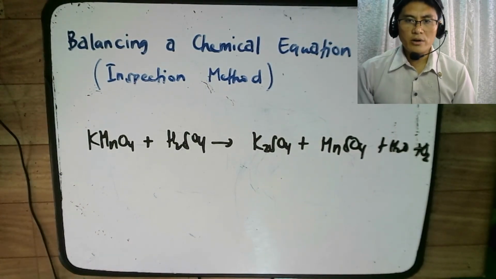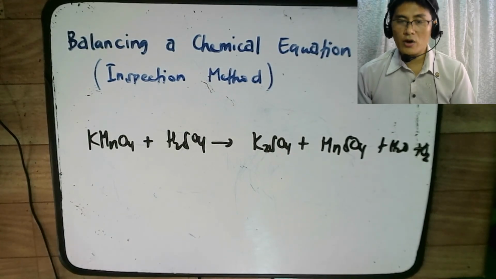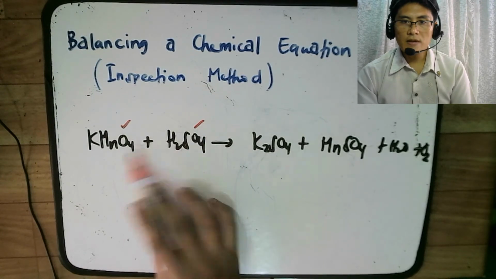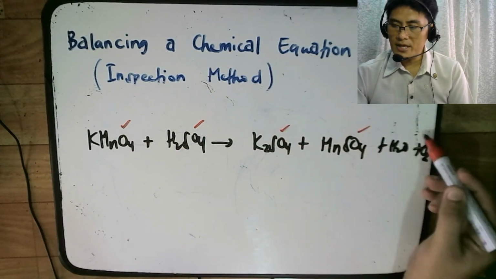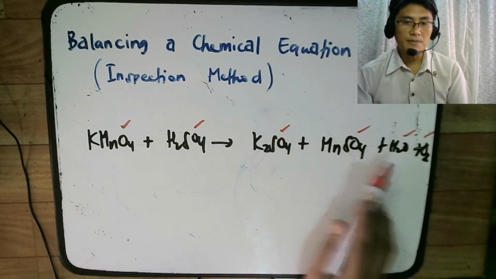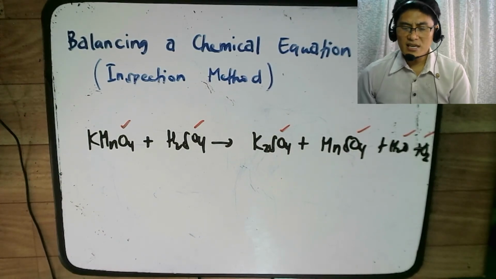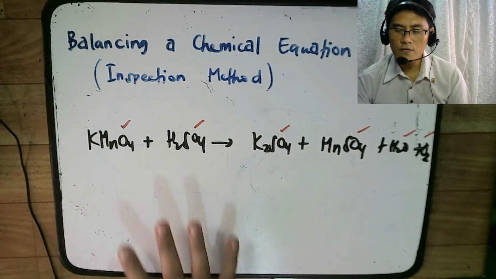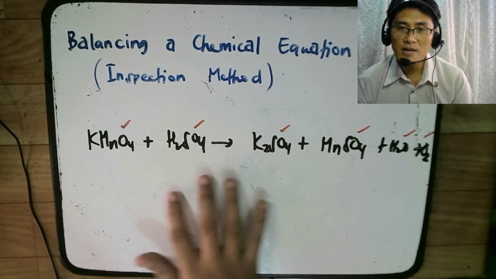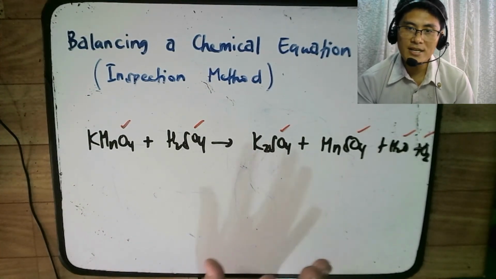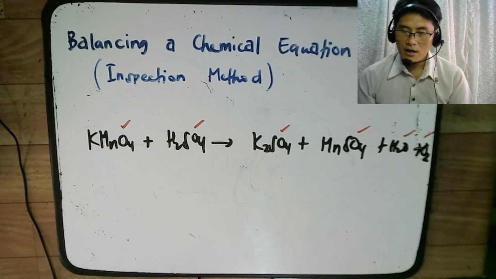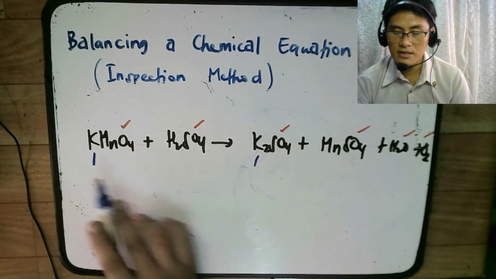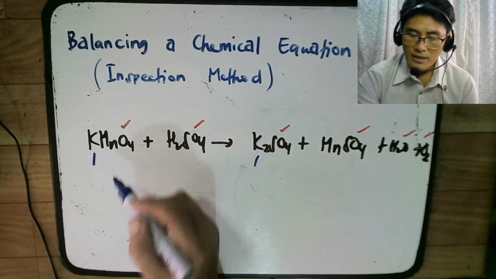So this is horrible because look at the oxygen. Oxygen is found in 2 places in the reactant side, and it's found in 4 places in the product side. So in this case, I would suggest you solve for the elements that are found in single places. For example, potassium is found only in here and in here, once in the reactant side, once in the product side.